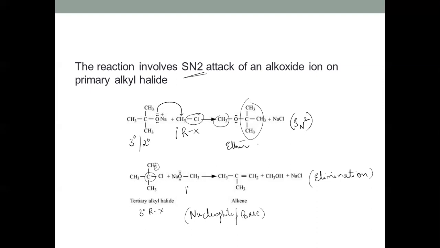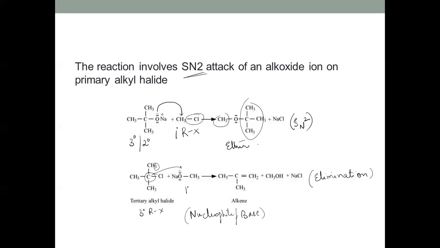If it is tertiary here, there is lots of steric hindrance, with three CH3 groups and three hydrogens on each of these carbon atoms. So it is tough for it to attack this carbon atom.